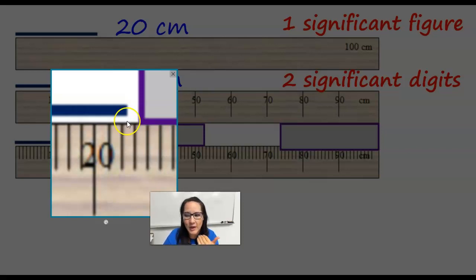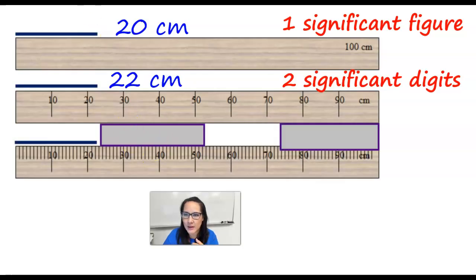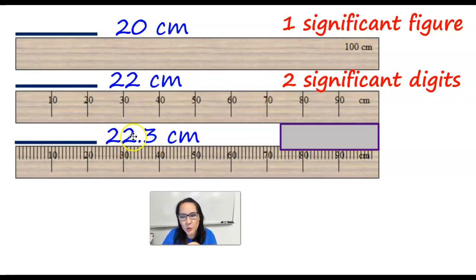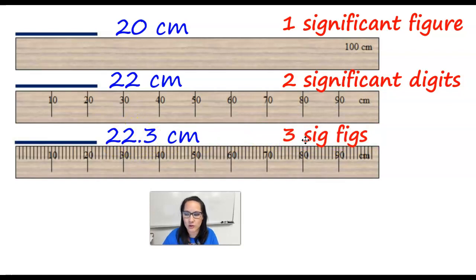You can't go any further. You can't estimate more than once between the lines. And so we're going to say that this is 22.3 centimeters. So I'm sure it's 20. I'm certain that it's 22, but I'm guessing it's 0.3. So all 3 of these are considered my significant figures or sig figs.